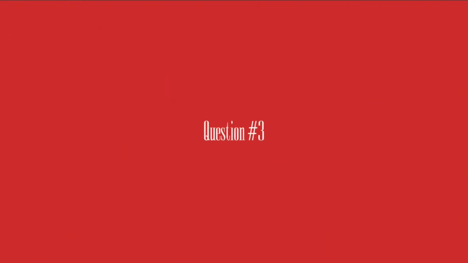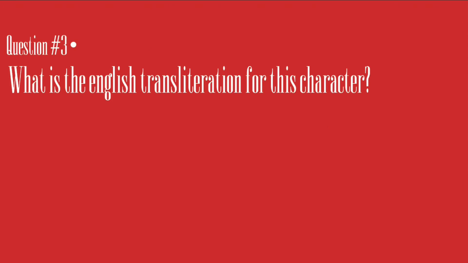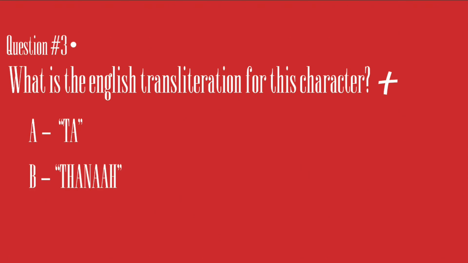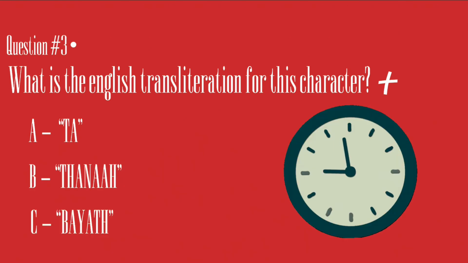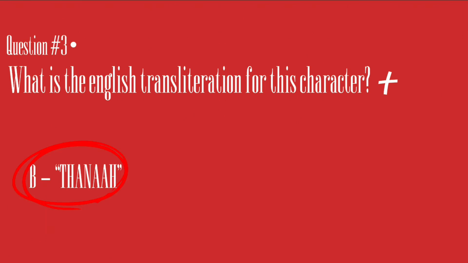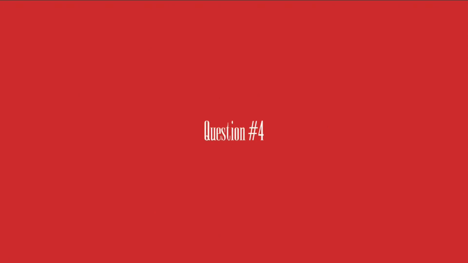The third question is, what is the English transliteration for this character? Is it A, ta, B, dana'a, or C, bayath? If you chose B for dana'a, then you are correct. This is the fourth question.